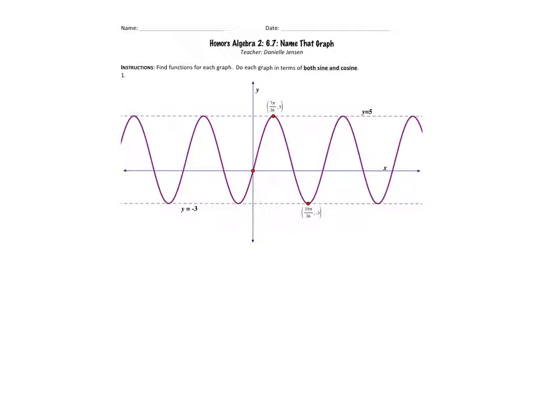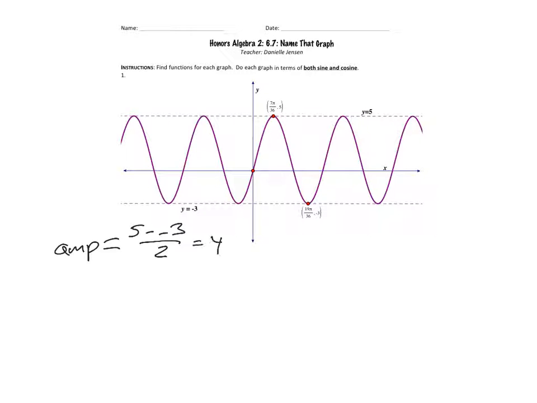A few things to note. Let's start by doing the two things that are easiest to find, which are the amplitude and the vertical shift. The amplitude we can always find by doing the highest value minus the lowest value over 2.